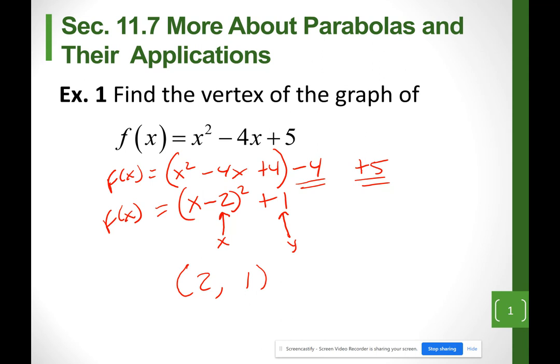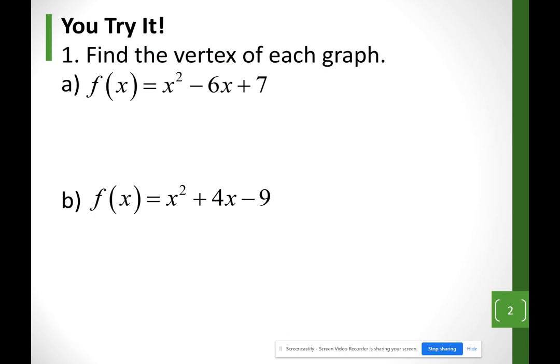Remember, inside of the parentheses with the square, that's my x value, just opposite sign. My y value is at the very end, outside of the parentheses. Sometimes there might be a number at the very beginning that has nothing to do with my vertex. That's just the aperture. So you guys try this out. Try to complete the square, and your answer should be that.